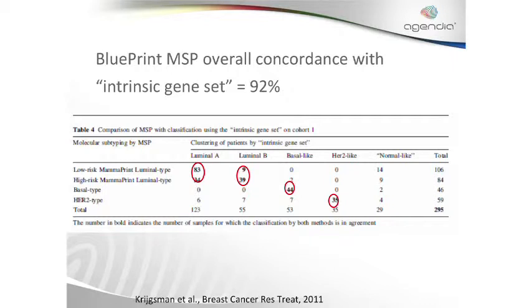Subtyping is important and is one of the NCCN guidelines, as also one of the St. Gallen guidelines in terms of a risk stratification modeling process with Chuck Perou's data. To answer the question, is MammaPrint's blueprint equivalent to the Perou data? This slide demonstrates a 92% correlation between MammaPrint and the Perou data for subtyping.